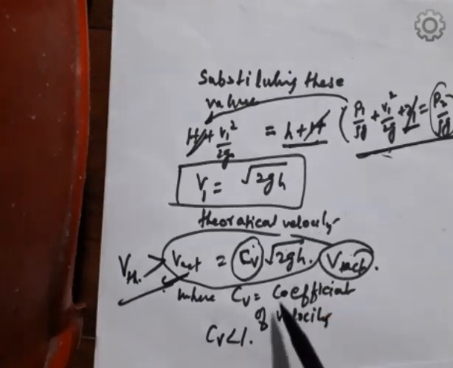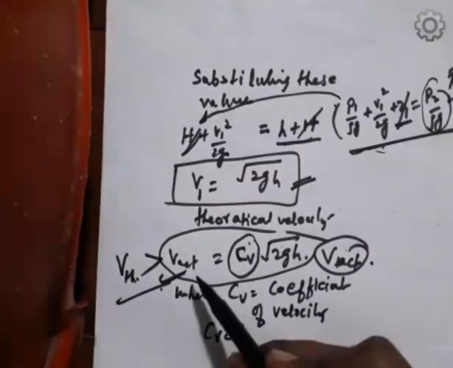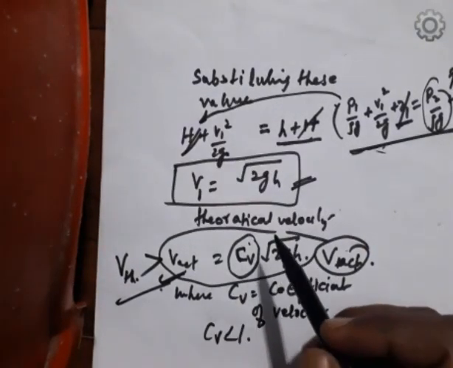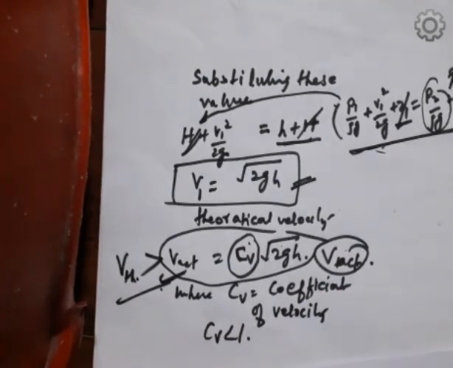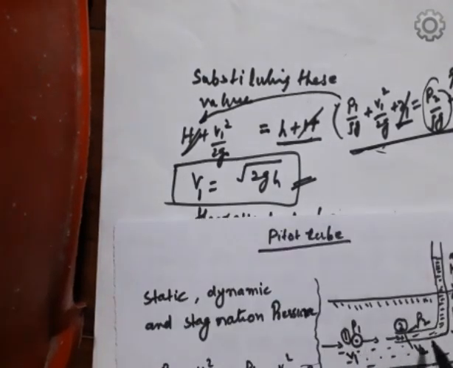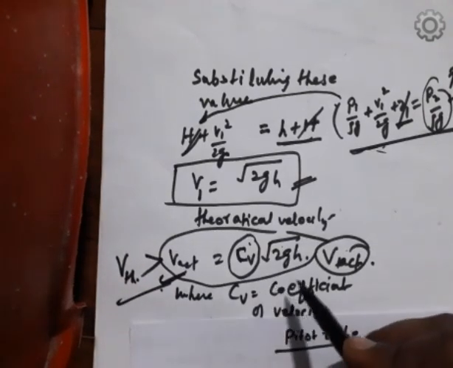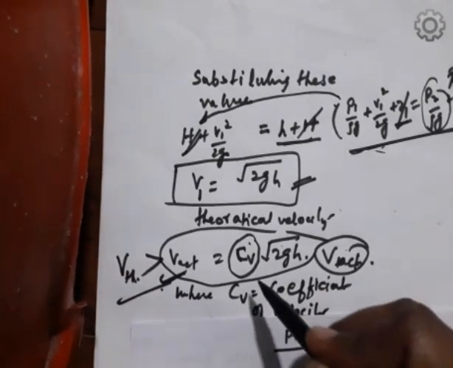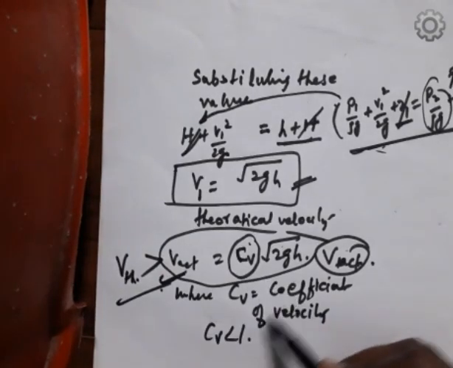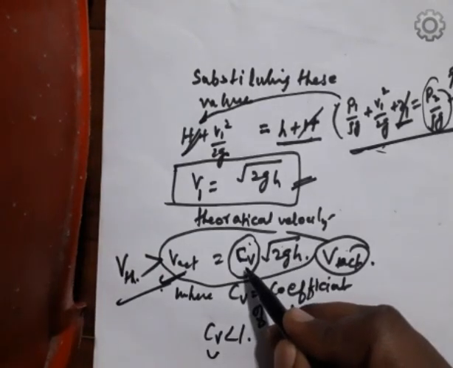But in actual, we have not considered the losses in this flow. So actually, there are some losses due to friction. So a term arises, that is the coefficient of velocity, Cv.